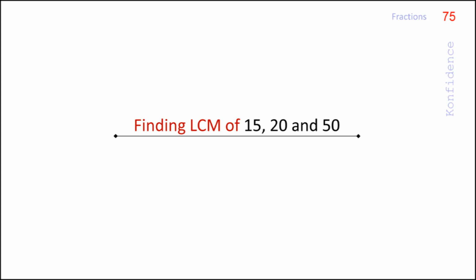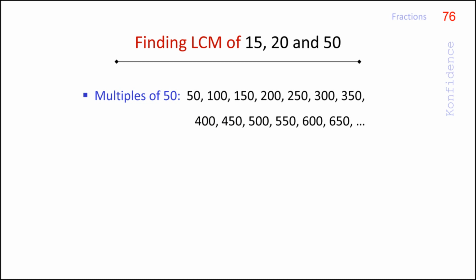Let us try to find the LCM of 15, 20 and 50. First, we look at the multiples of the biggest number, 50. Multiples of 50 are 50, 100, 150, 200, 250, 300, 350, 400, etc. Next, we look at which of these multiples of 50 will be a multiple of 20, the next biggest number among the three.